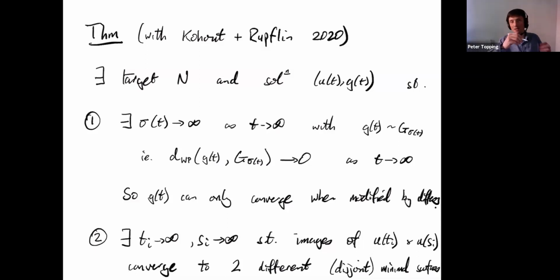So you're basically pulling your flow off to infinity in Teichmüller space on a leash. In particular, the G of T can only converge when you modify by diffeomorphisms. And you have this other type of non-uniqueness: if you choose different sequences of times going to infinity, then you'll get different minimal surfaces.